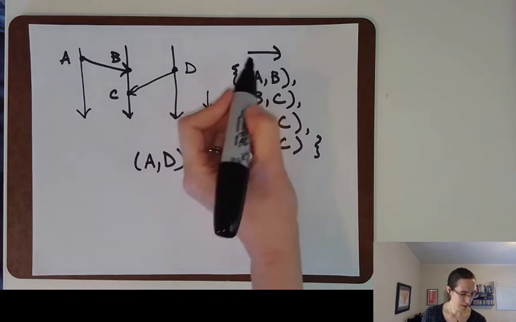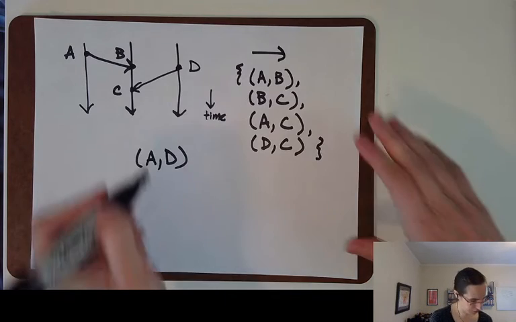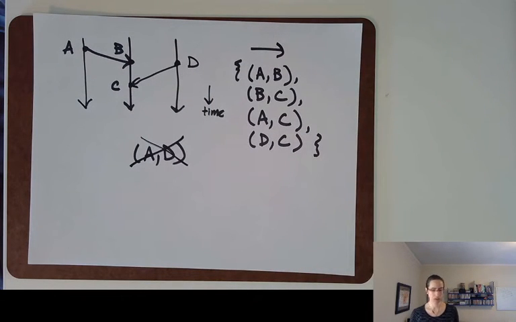But our definition of happens before does not tell us anything about whether A happened before D. So this pair is actually not part of the happens before relation for this particular set of events. So this gets back to what I was saying about smallest relations. We said that there were 3 conditions under which a pair of events could be included in the happens before relation.